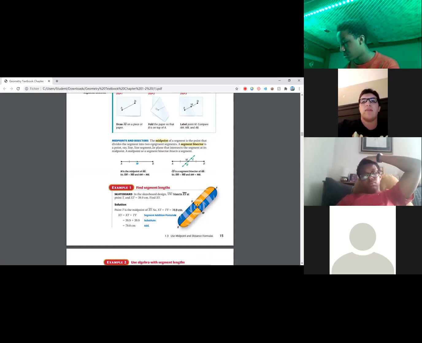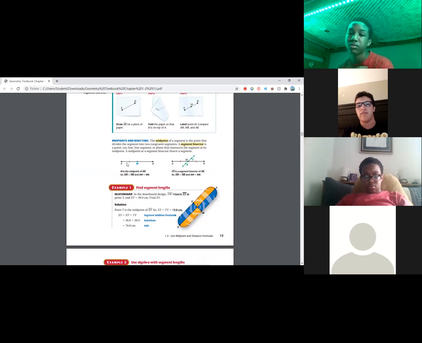You can see above, it says that the midpoint of a segment divides the segment into 2 congruent segments. So AM, I don't know if you guys could see my mouse. Can you guys see the mouse? Okay. Then AM here is the same length as MB.